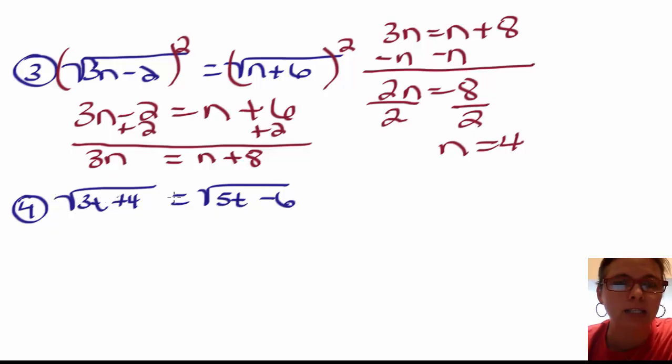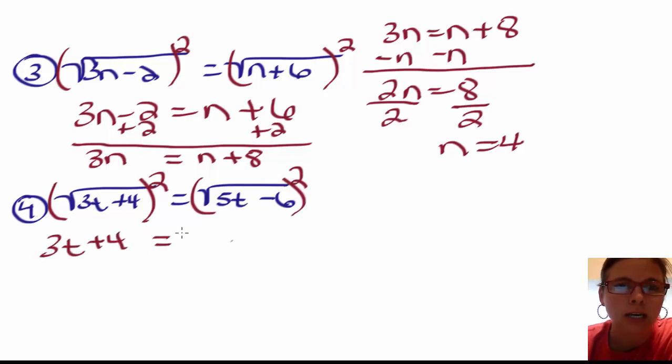Same with down here. Since the square roots are on both sides and there's nothing outside the square roots to deal with, then we square both sides. That makes the square roots and the squares cancel out. So this equals 3t plus 4 equals 5t minus 6. You can start by subtracting 4 or adding 6, or subtract 5t, or you could have subtracted 3t to the other side.